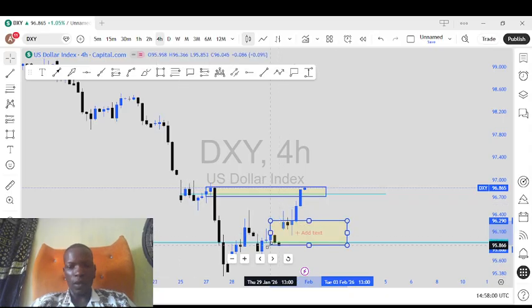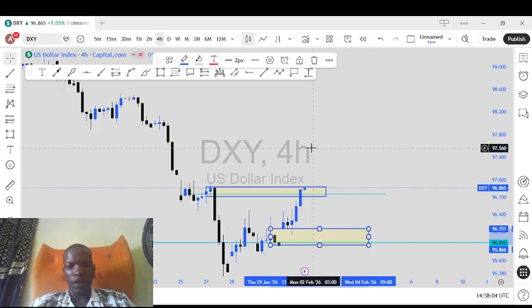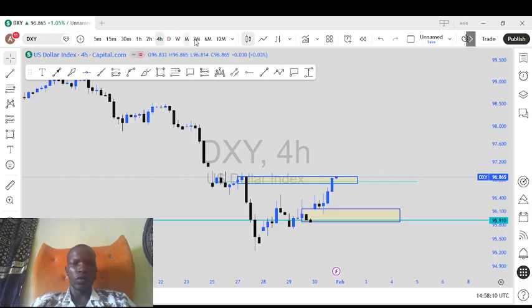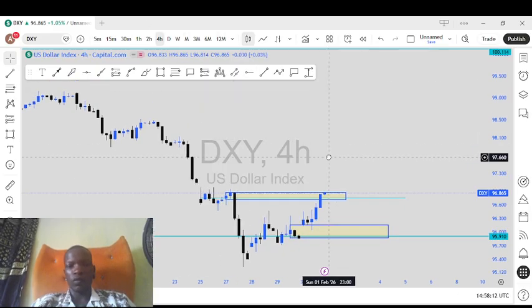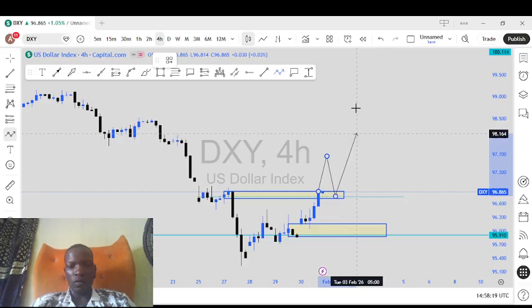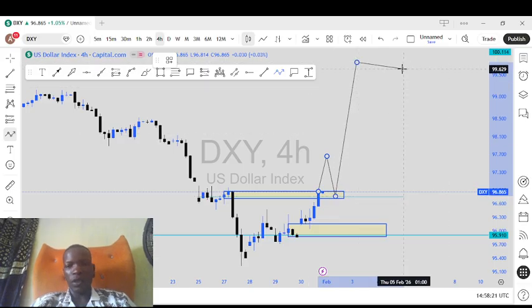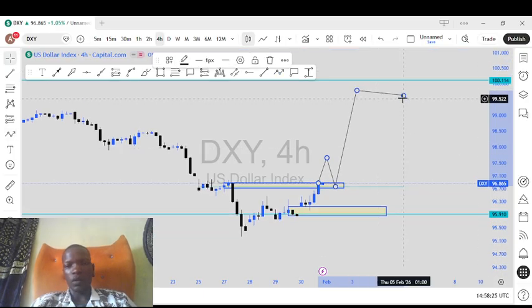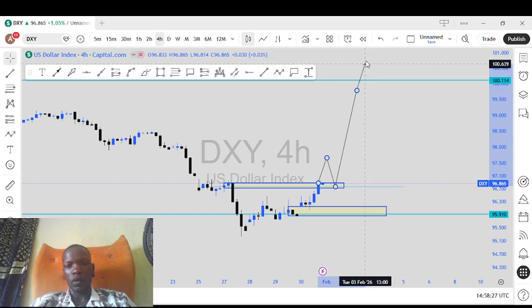It's either the market comes back to this area for us to buy, or the market breaks this and gives us a breakout block so that we can join the market. So this is what we have on DXY, and we expect our TP to be here as a swing trader.